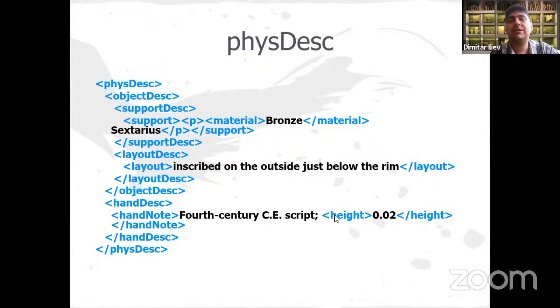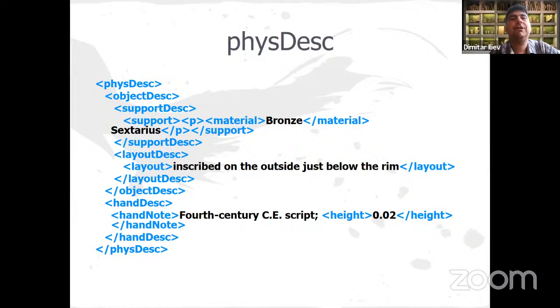And here is where you also give the measurements of the letter heights. So in hand notes you can have running text, but if you have letter heights, you obligatorily tag them as height. And this height, when it is in hand note, it is clear that it stands for the heights of the letters, because you have another type of height, the height of the monument itself, but we will come to this later.